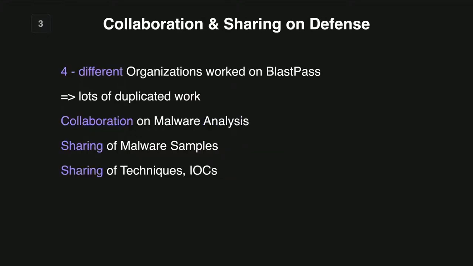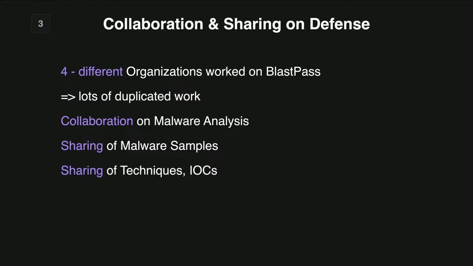I also would like to say that we need to do a lot better job at collaboration and sharing on the defense side. On this specific sample, we had 4 different organizations working on BlastPass. This is a lot of duplicated work. And there are a lot more offensive security researchers in those companies than there are defensive forensic experts.